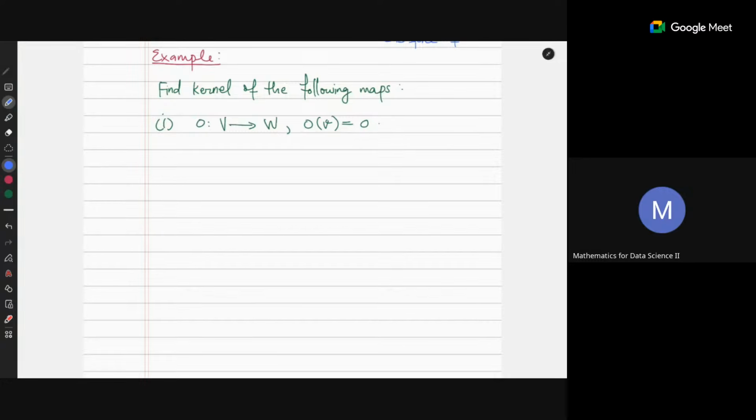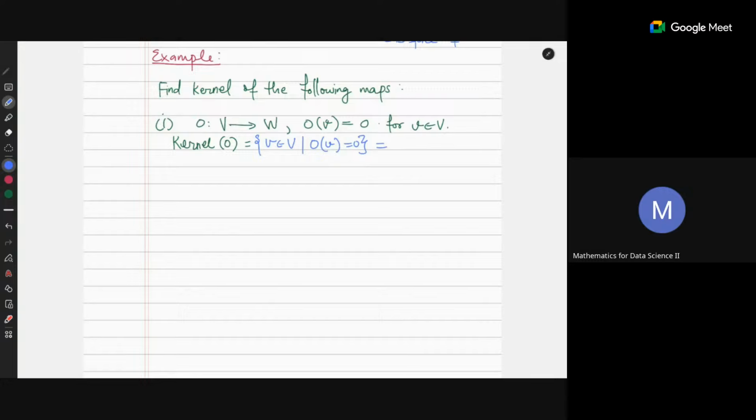Now, what is the kernel of O? So the kernel of O is the set of all vectors such that O of v is equal to 0.